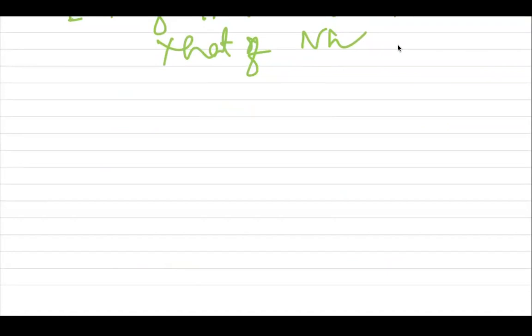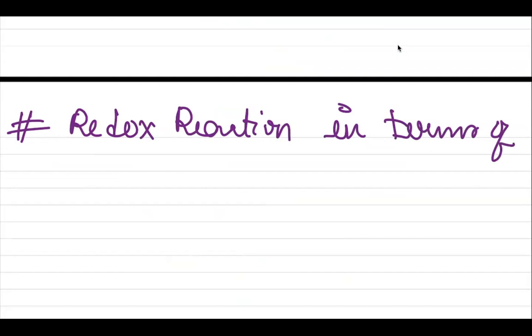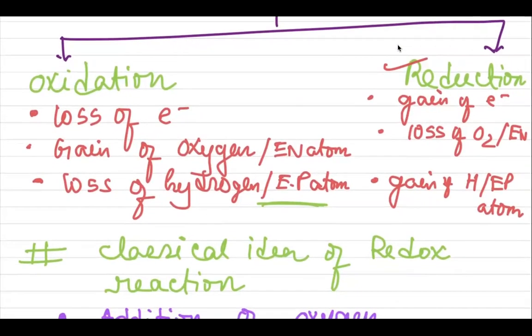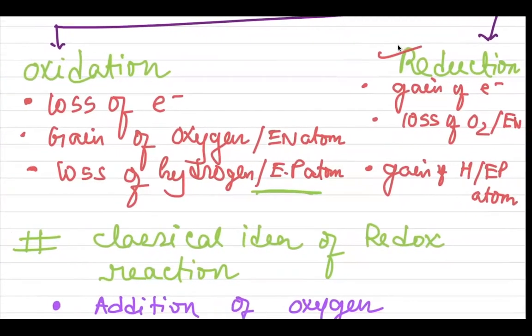Now, next is redox reaction in terms of electron transfer. At the beginning we learned that loss of electron will always be oxidation, and gain of electron will be reduction. Let's take one example.